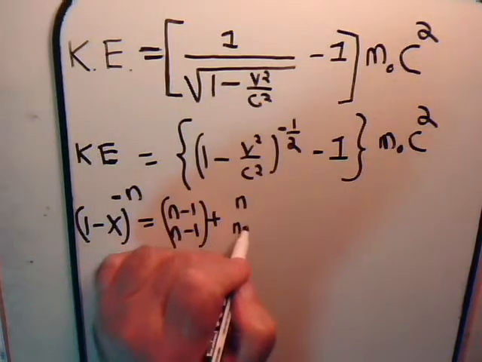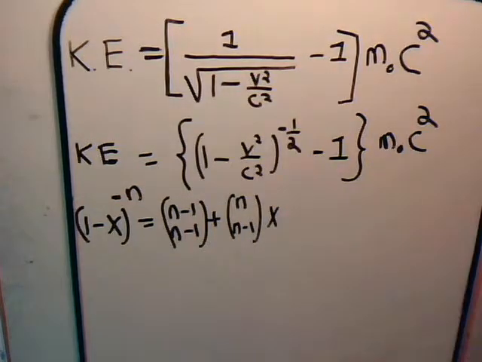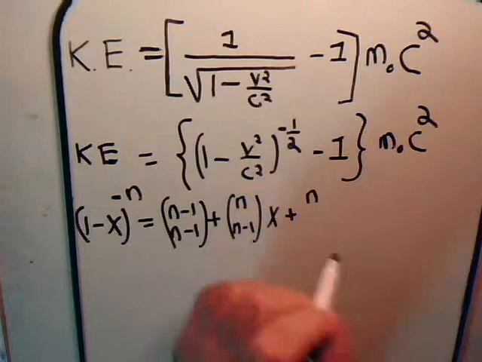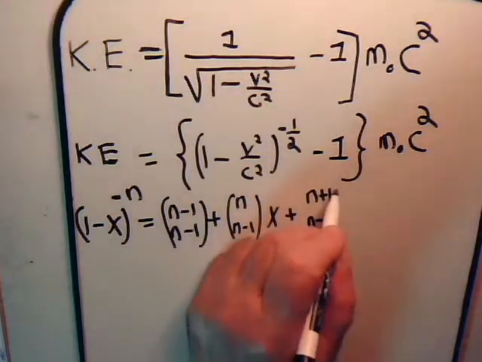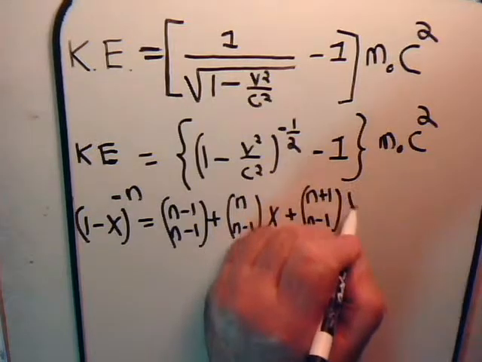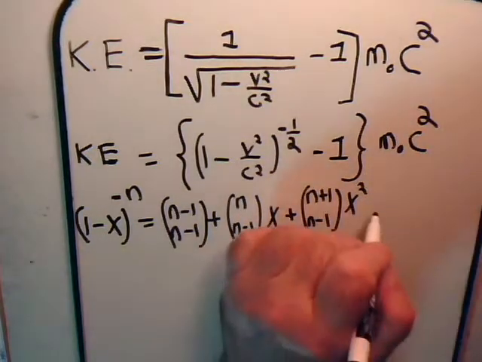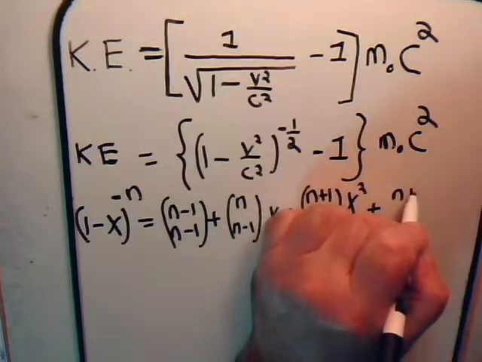The bottom part stays the same, and the exponent on x continues to increase with each successive term. This is a minus sign, so all the terms are positive, and it is an infinite series.